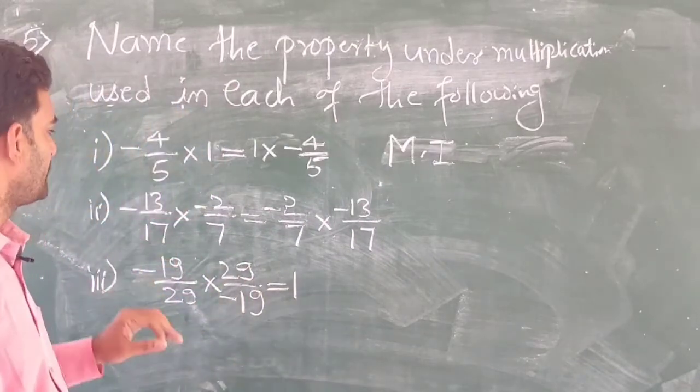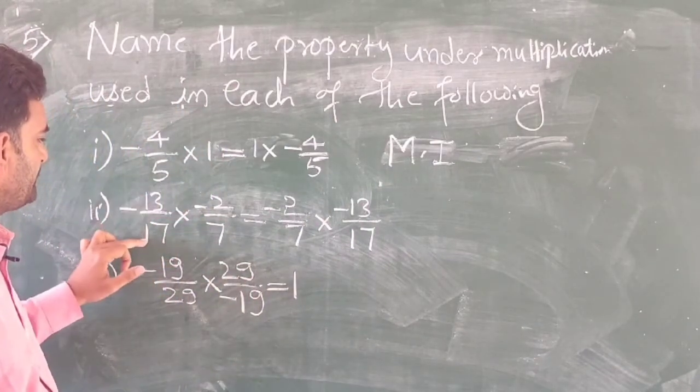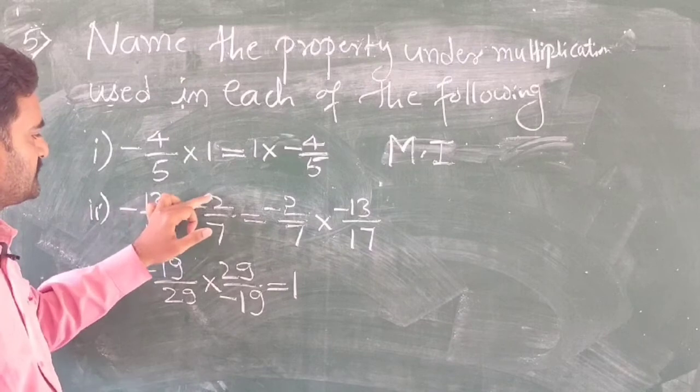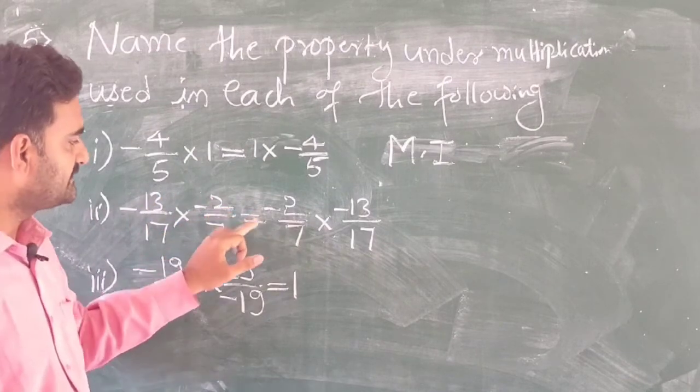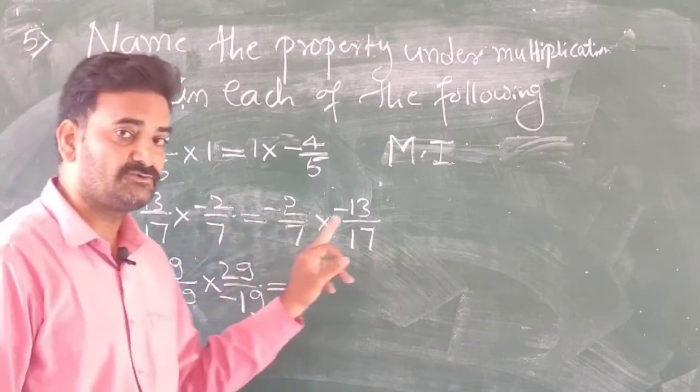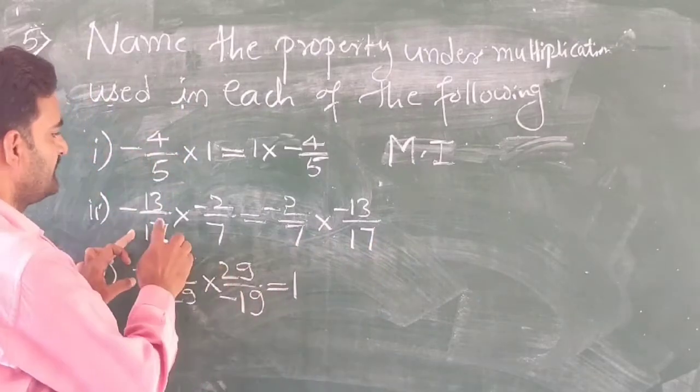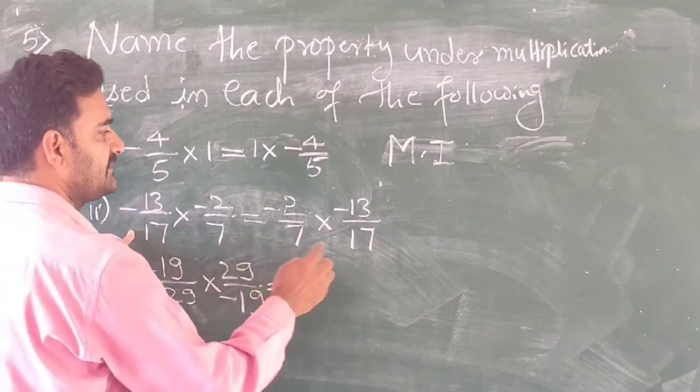Now we'll move to this one. Minus 13 by 17 into minus 2 by 7, again this is equal to minus 2 by 7 into minus 13 by 17. These numbers are the same.